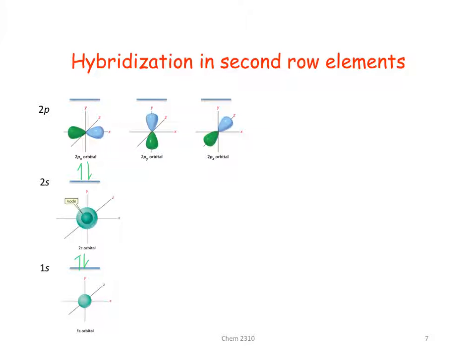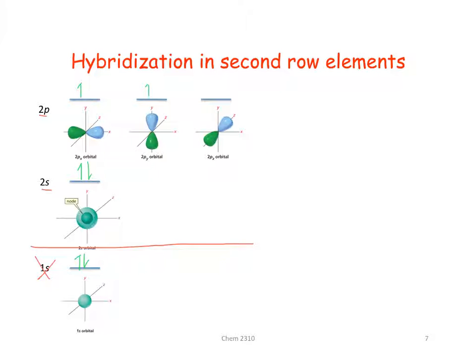And how many more? We have 2 more electrons. We got 1 here and 1 here. So we don't really have to worry about the 1s, because they're not valence electrons. All the bonding is going to take place in the valence electrons. So we have a 2s and we have 3 2p orbitals.